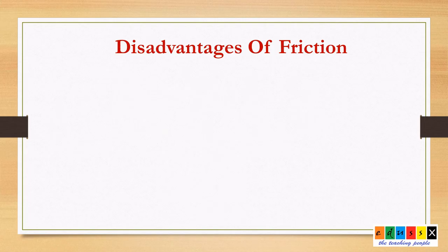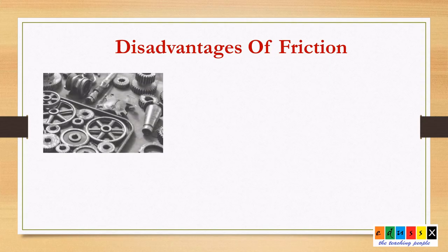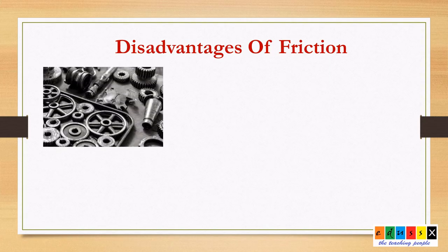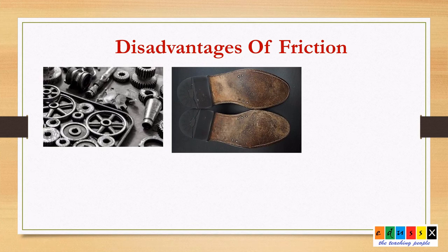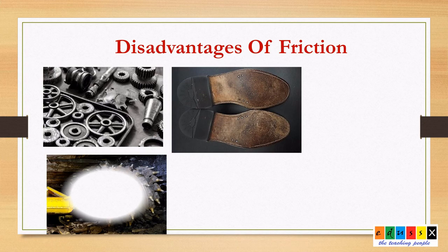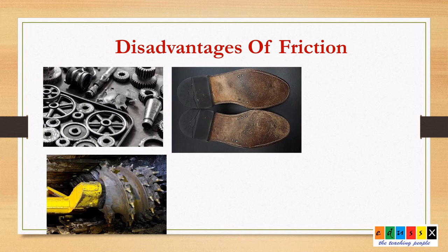Whatever the advantages may be, there are a few disadvantages of friction. Friction wears out surfaces rubbing against each other, like screws and gears in machines. Also, when we walk for a long time with the same shoes or chappals, the soles of the shoes get worn out, which is called wear and tear. Second, excess friction has to be overcome while operating a machine; a high load leads to wastage of energy.